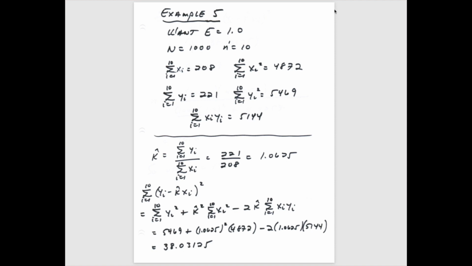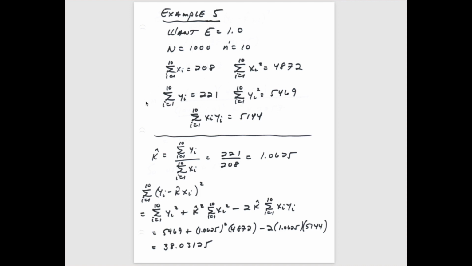We want a margin of error of no more than 1 unit. The population size is 1,000. The preliminary sample size was 10. All right, the summary statistics for the x's and the y's are as follows. The sum of the x's is 208. The sum of the squared x's is 4,872.